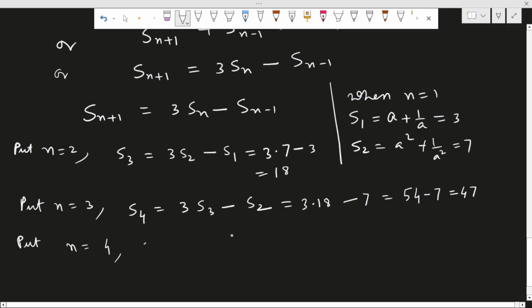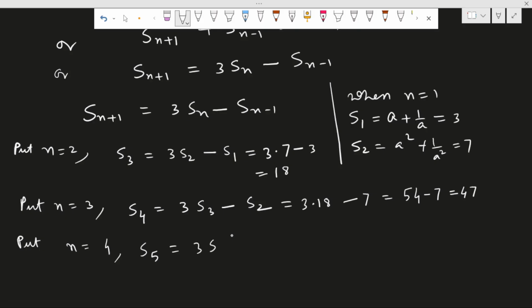Next, put n is equal to 4. Then what we have is S5, that is equal to 3 S4 minus S3. So 3 S4, S4 is 47, minus S3, which is 18.